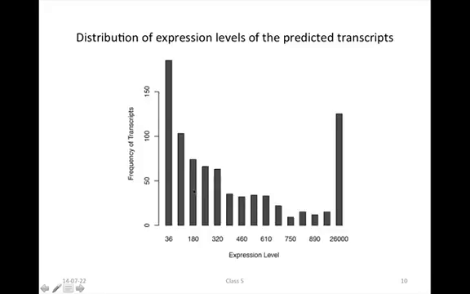And the number of transcripts at 36, you get close to 200 maybe, and you get a range of everything in the middle. And then 2600, you get about 100 of those. Now, these are all predicted transcripts. They're not novel ones. These are ones they expect to find.